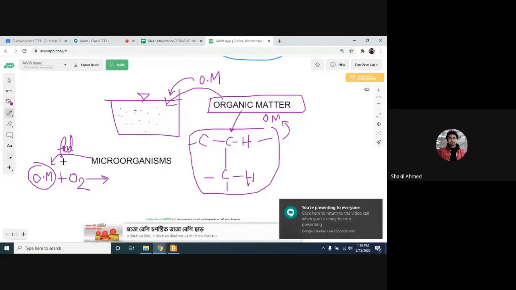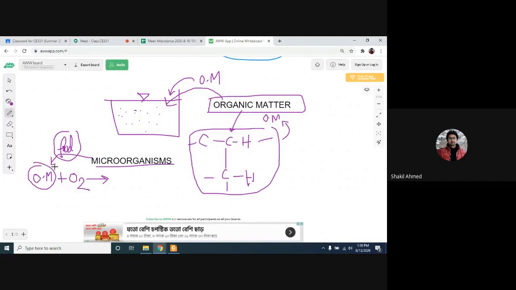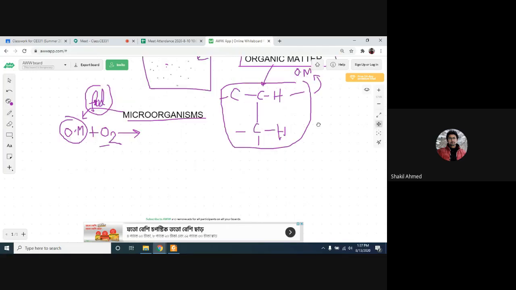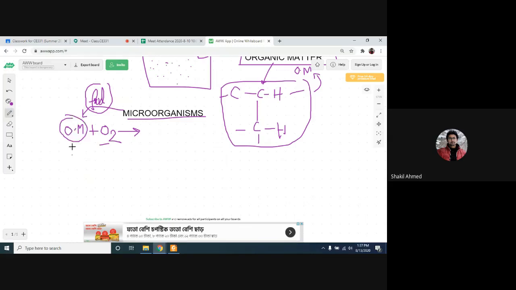So this is food. So these microorganisms take this organic matter as food, and in the presence of oxygen, they break it down. Initially, what is organic matter? As I told you, this is actually carbon, hydrogen, long chain of carbon, hydrogen, right?